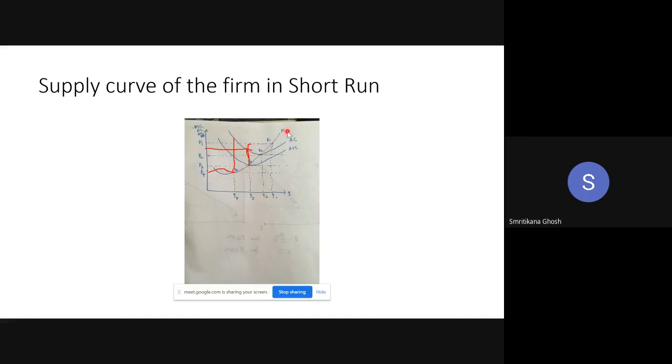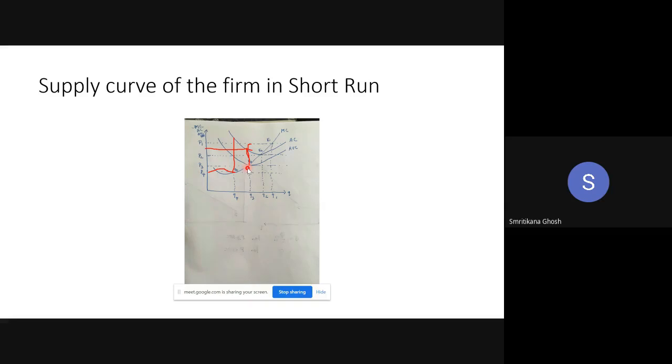So the MC curve is just like the supply curve. Corresponding to different prices, what will be the quantity? So the MC curve is the supply curve of the firm above the shutdown point.